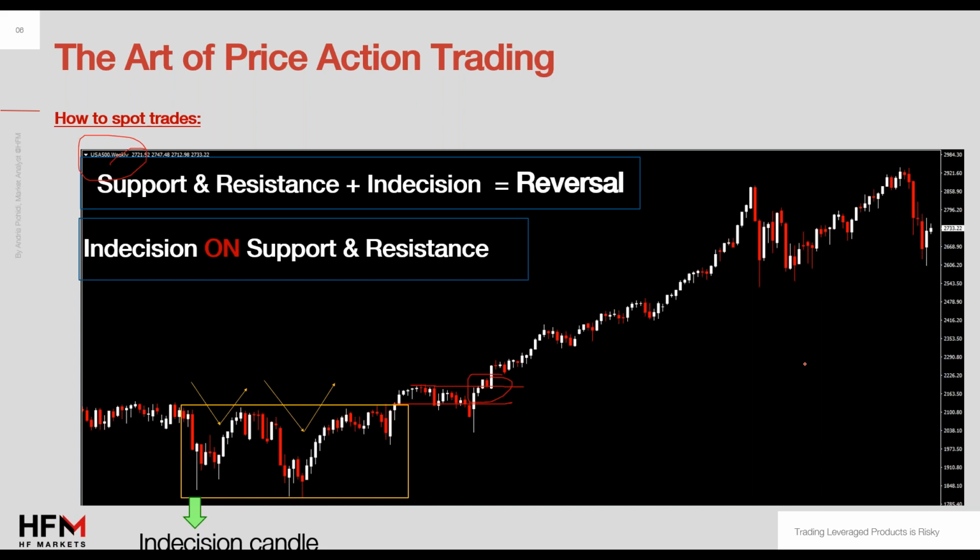Who is in control of the price? Question yourself, okay, we have that breakdown. So, who is in control of the market? Are they the bulls or are they the bears?